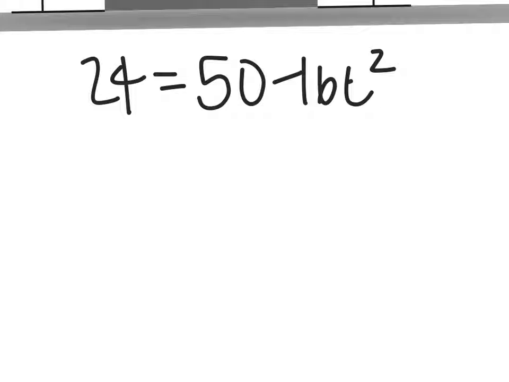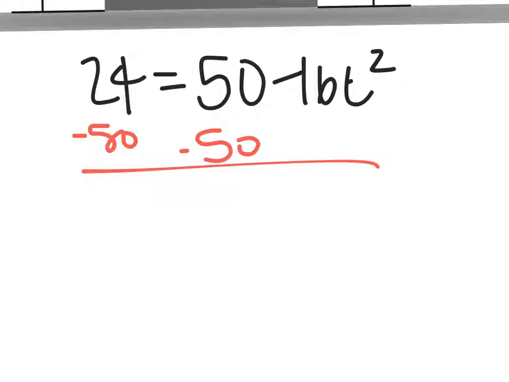So how am I going to solve this? The very first thing I'm going to do is subtract the 50 from both sides. Oh, so much better. And 24 minus 50 is going to give us what? So negative 26 equals negative 16 t squared.